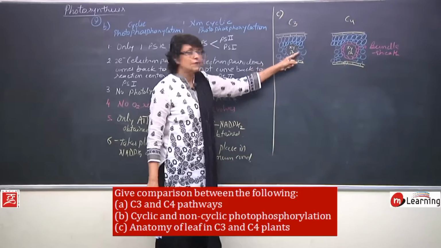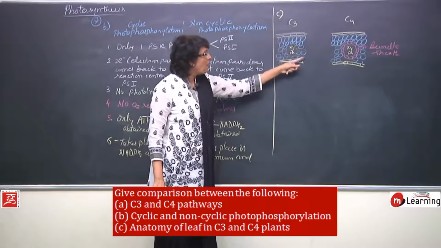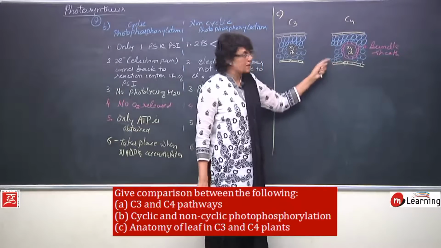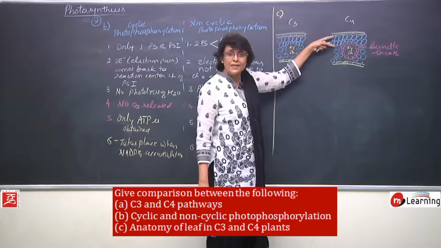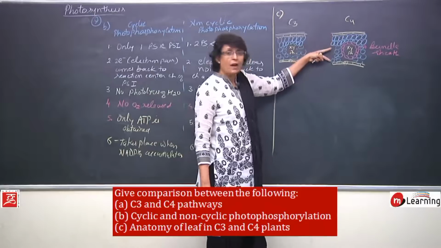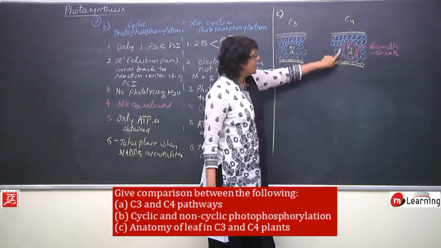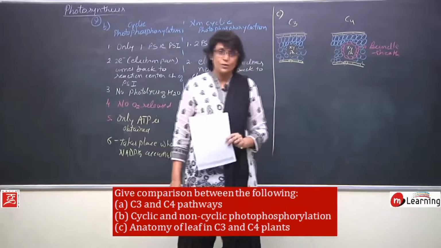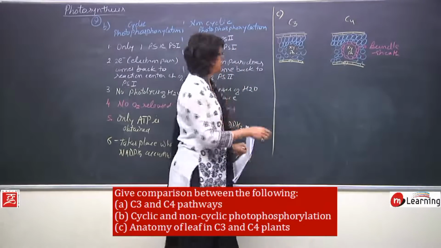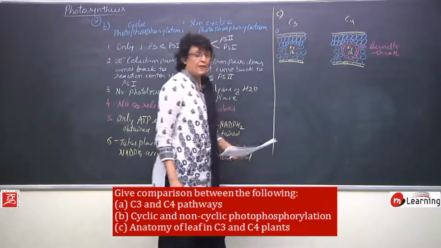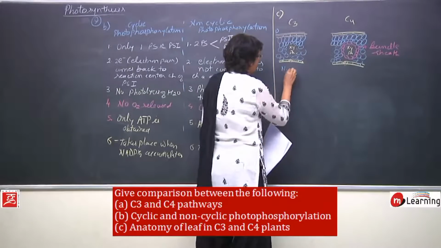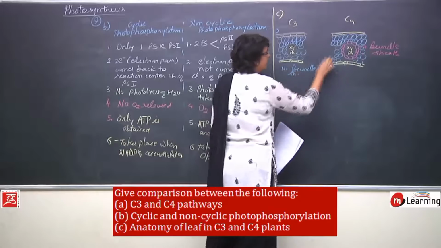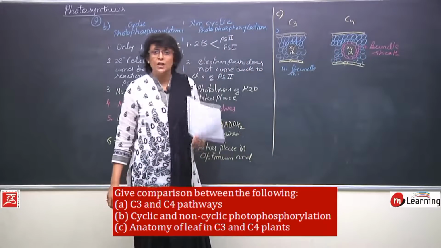All the cells around the vascular tissue are the same, and they are all parenchymatous cells. Whereas here, upper end they are compactly arranged, which makes palisade parenchyma, lower half spongy parenchyma, and there are large prominent cells which make a wreath-like arrangement around the vascular tissue. So this is one difference. Difference number 1, that here there is no bundle sheath, whereas in case of C4 plants we see bundle sheath.